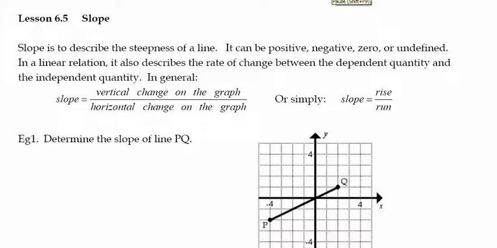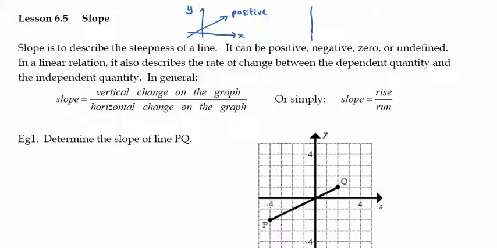So once again, when we are working with lines, when the line goes this way from the left to the right on the graph, this is what we call a positive slope as it goes uphill.